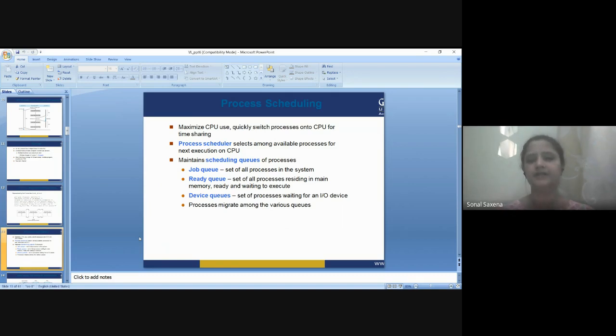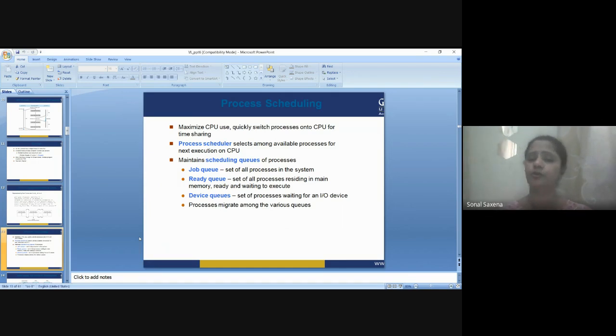Now understand, the more processes get scheduled, the more your CPU usage will be maximized, and it can quickly switch between the processes on the CPU in a time sharing system. For doing all these tasks, an operating system employs a specific program which is called a process scheduler, because the operating system cannot take control of all the things at the same time.